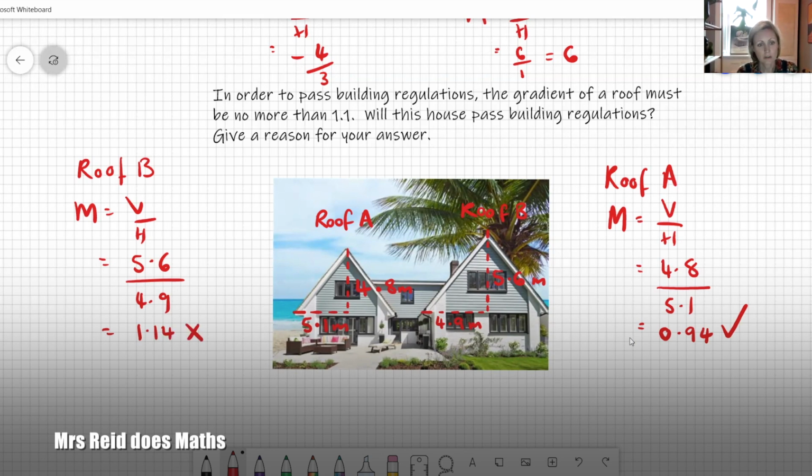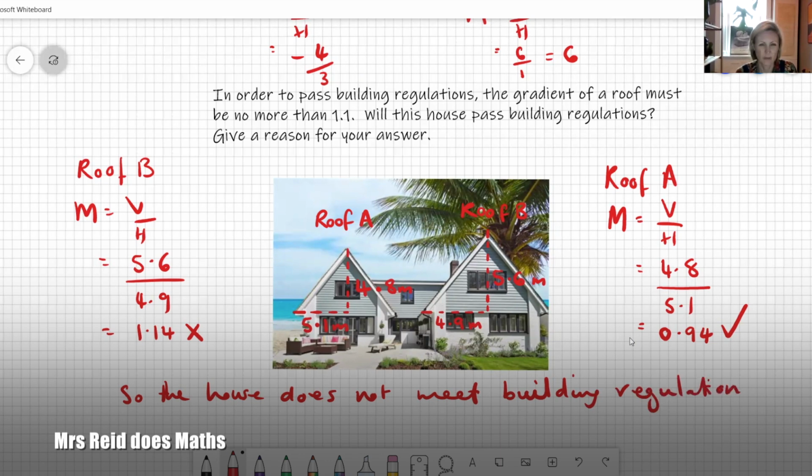So then we would want to conclude, so the house does not meet building, what do we call it, regulations in this question? You know, the rules for builders. Because roof B has a gradient greater than 1.1.